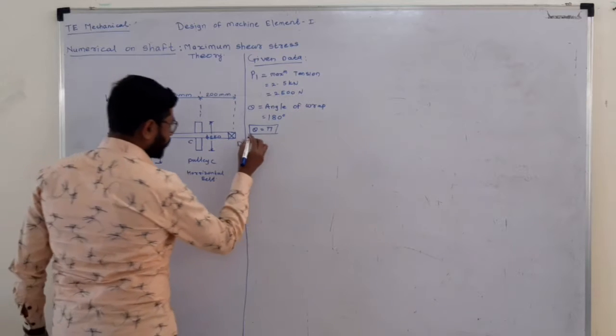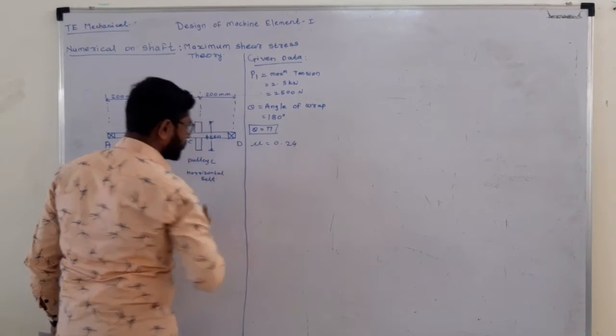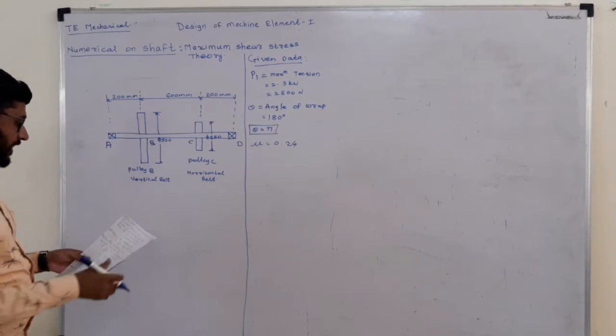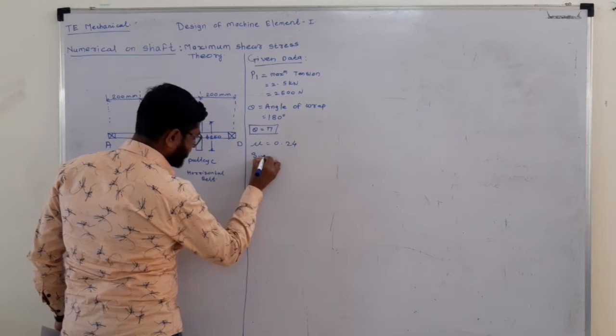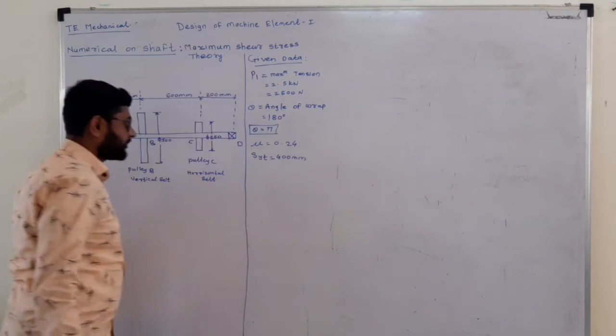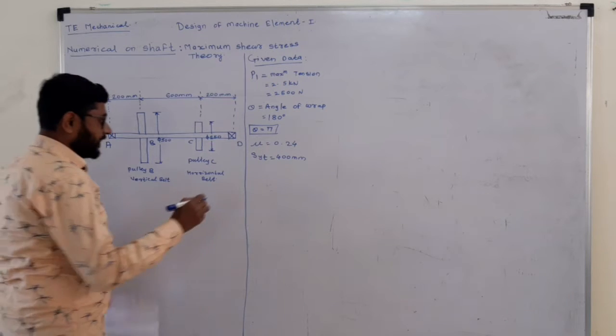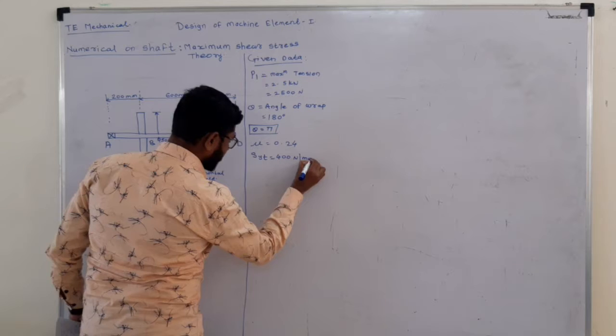Then next, the coefficient of friction mu is given as 0.24, and the yield strength of shaft, that is SYT, is equal to 400 Newton per mm square.